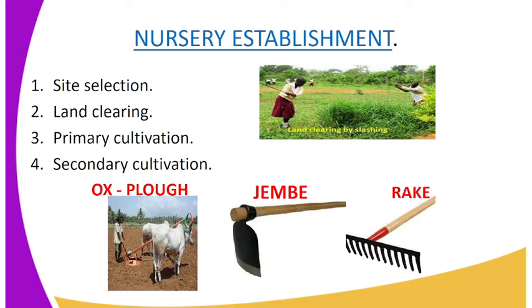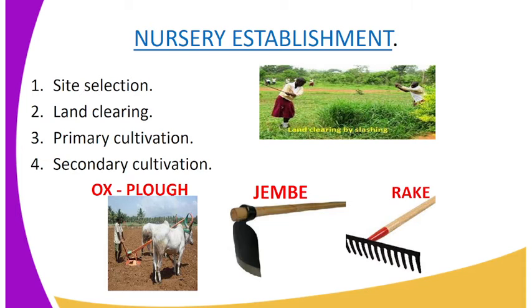I'm going to define the term nursery. A nursery refers to a piece of land which is supposed to cover a length of your choice and a width of 1.5 meters.